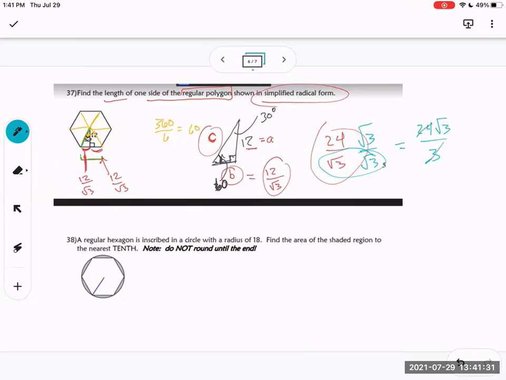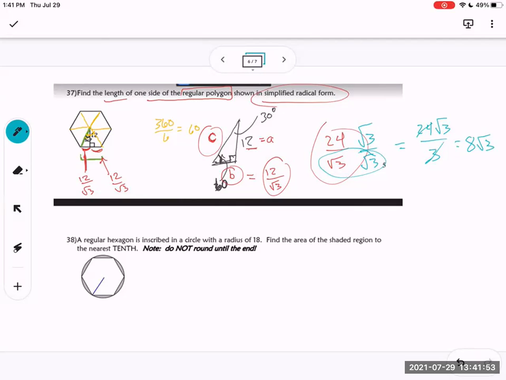And these cancel out into 8. So 8 root 3 is your answer. Questions about that? I know I did a lot of stuff on there. Lots of algebra, but that's correct.